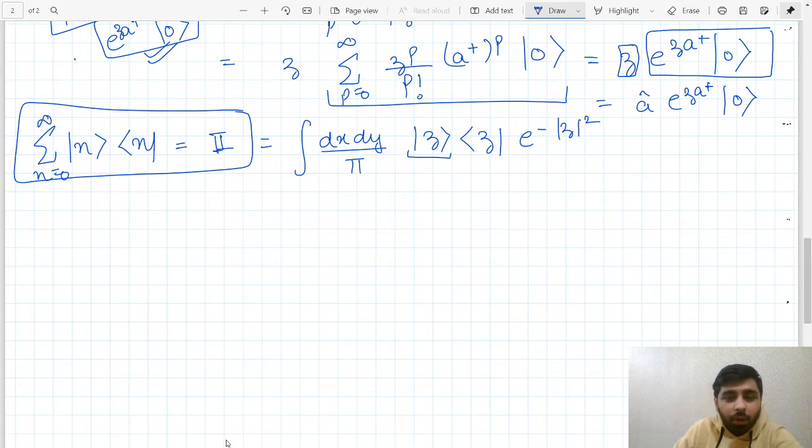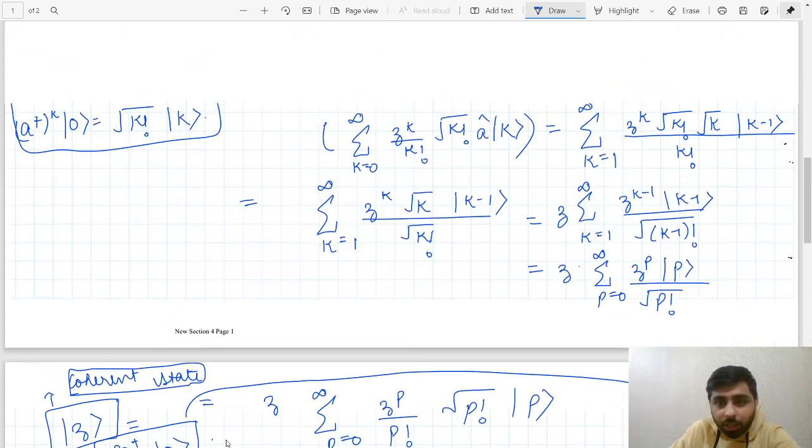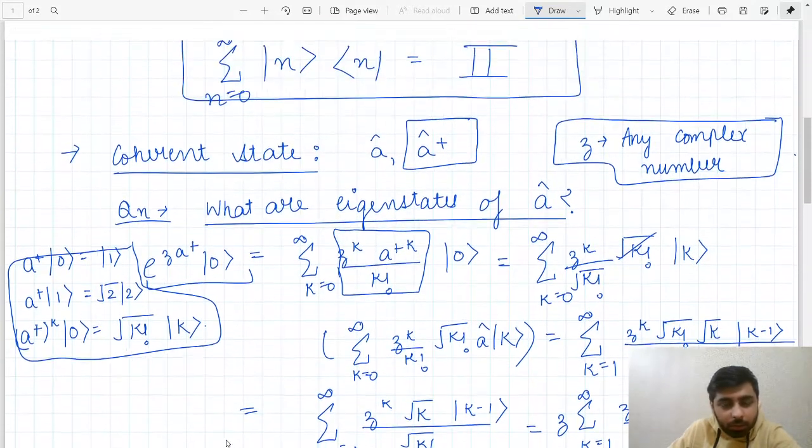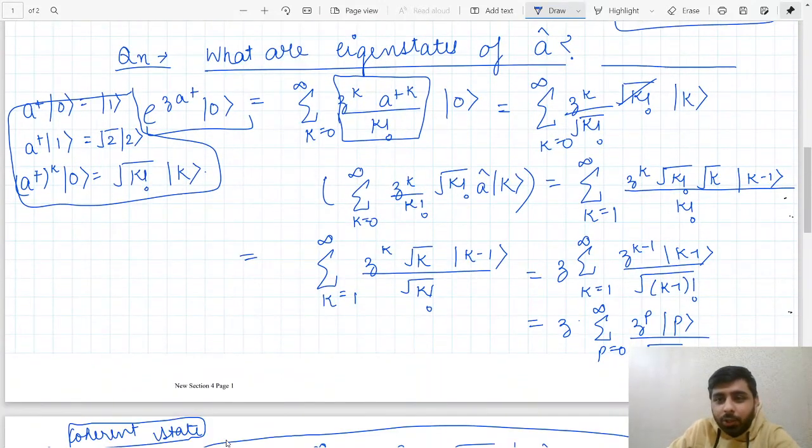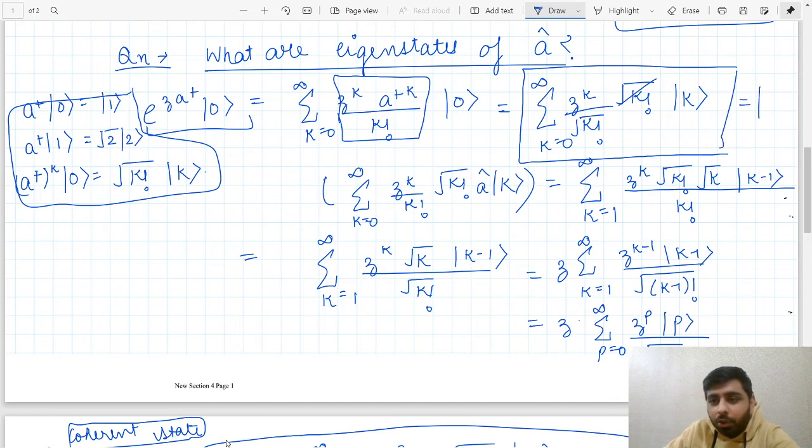First of all, let's write z in the form of the eigenstates of the quantum harmonic oscillator, that are the Fock states. We have already seen that the coherent state when expanded in the form of these Fock states looks something like this, right?